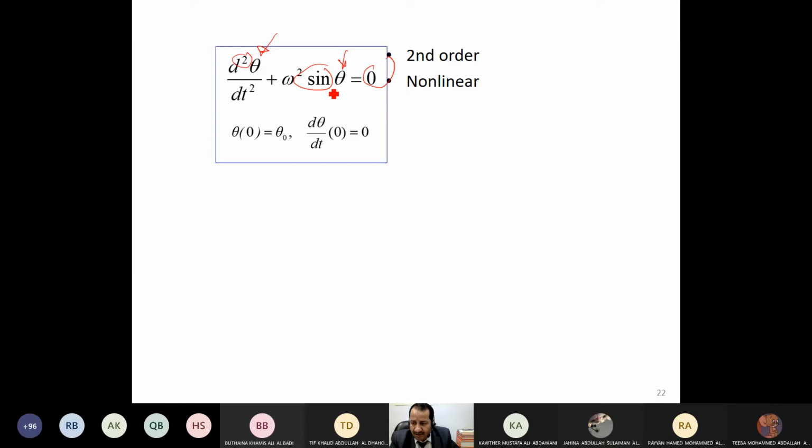If it is only theta, there is no problem. But since there is sine, it becomes nonlinear. It means a curve at the end, not a straight line. And because of this 0, you can see we have homogeneous. And here he gave me initial conditions for theta and for d theta.